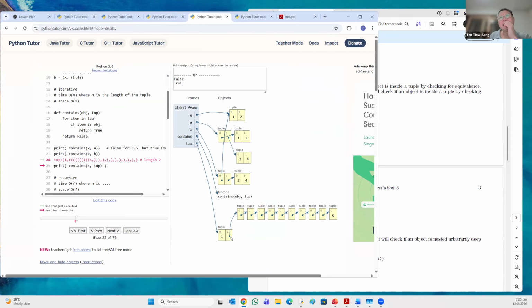The length is 2, correct? Okay, now you go in.